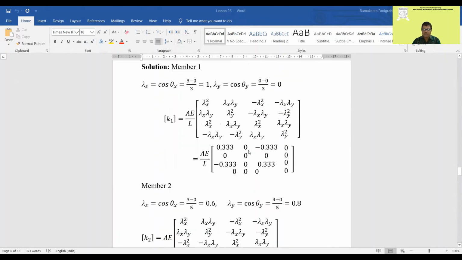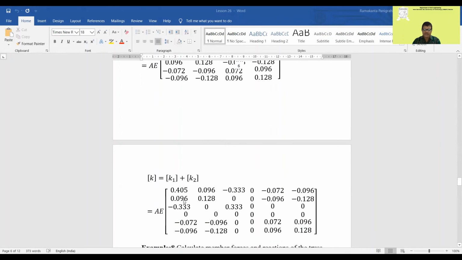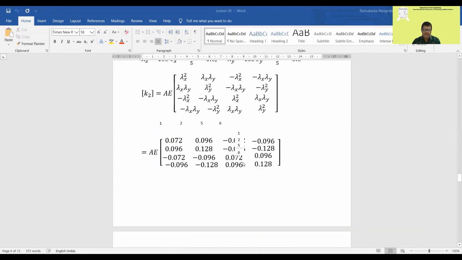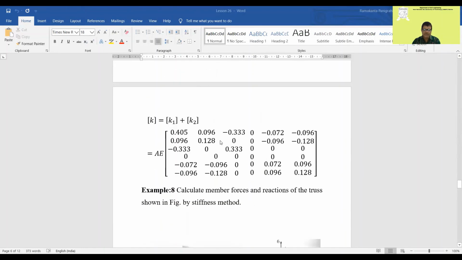Here it is 0, so you add 0 and 0.096, and it will be 0.096, the same as this. Now K22. Here K22 is 0 in the 1, 2, 3, 4 matrix, and in the other it is 0.128. So 0 plus 0.128 becomes 0.128.